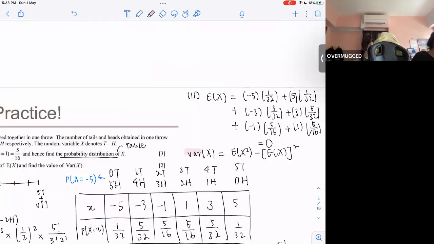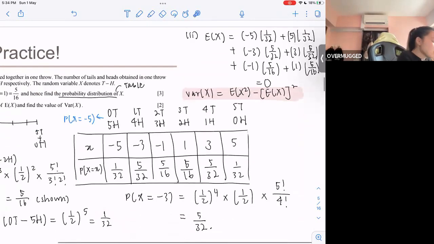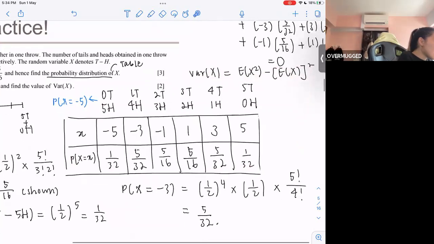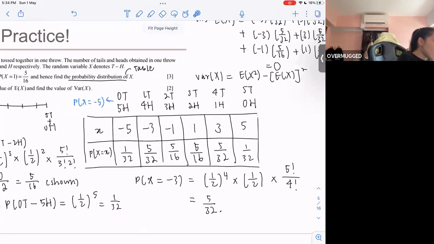You already have E of x, the whole thing squared, which is just 0 squared, which is 0. Now your job is to find E of x squared. So what will this be? You have to use this table again and tabulate. What is your x squared?